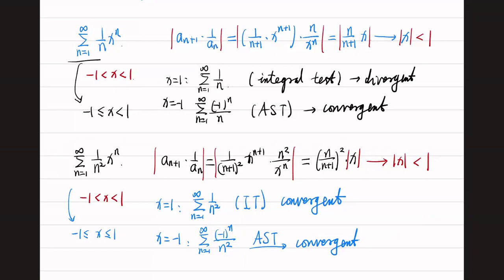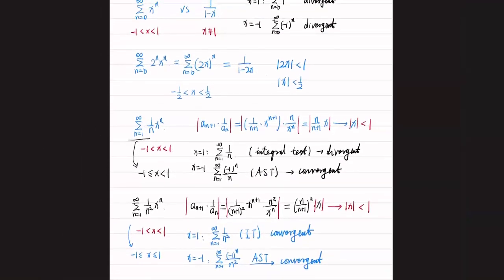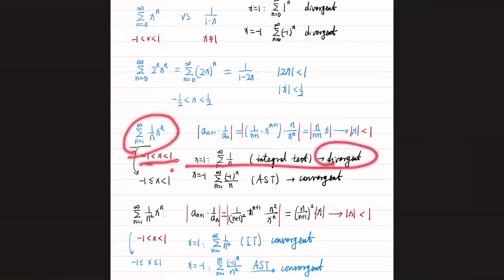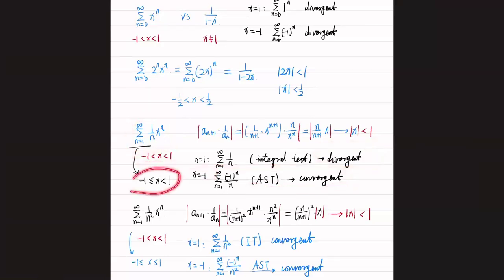Okay, so now we have three different situations. The initial one on this interval is convergent, but it's divergent at the two endpoints, the left and the right. This one has the same interval of convergence, but we checked it's divergent at one endpoint and convergent at the other, so the interval of convergence becomes this.